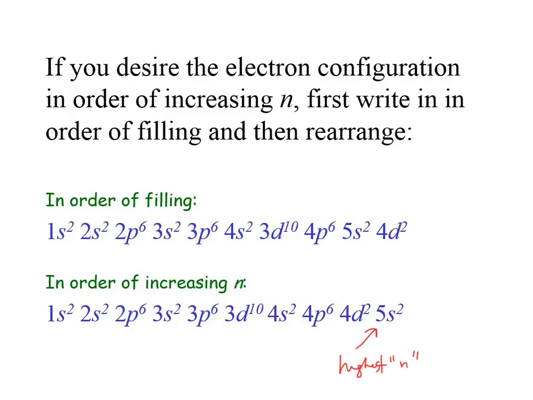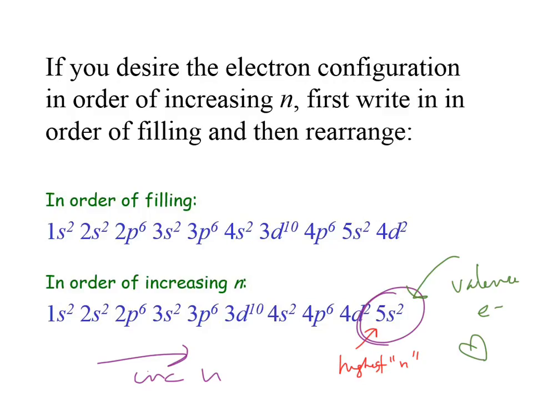They're called valence electrons, which I know some of you have already run into before. Unscrambling in order of increasing n exposes at the end your valence electrons. Valence electrons. They are special. Everyone wants to be a valence electron.